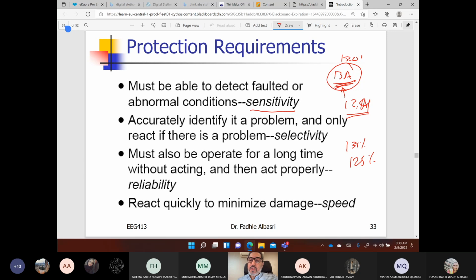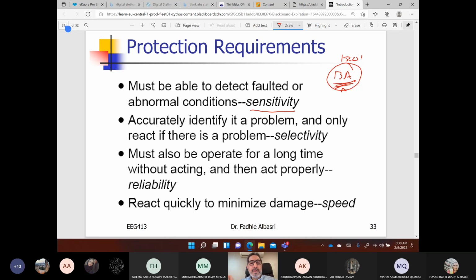So it's not as sensitive as protective relays in detecting faults or overcurrent conditions. So this is an example of sensitivity. We want a protection system that is very sensitive to detect the fault or abnormal conditions.